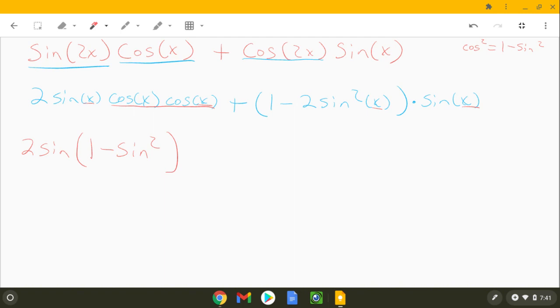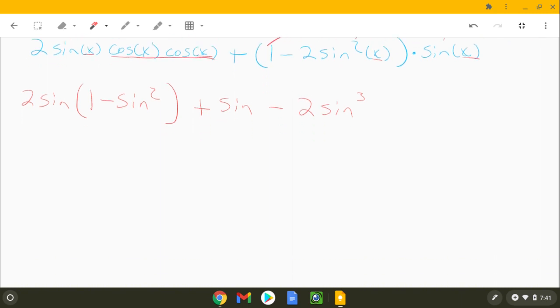And then next thing I want to do is take my sine of x that's over here and distribute it inside. So that's going to make it a plus sine of x minus 2 sine to the third power, because it's sine squared and sine of x. And what else?